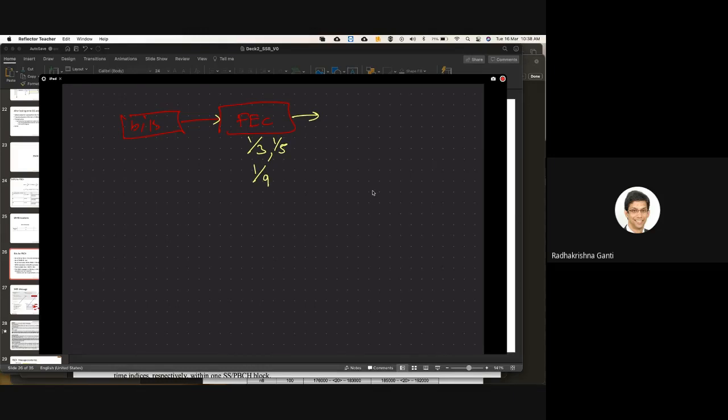Let's take the example of 1/3. Suppose you send 10 bits, you get 30 bits out. This is constant.